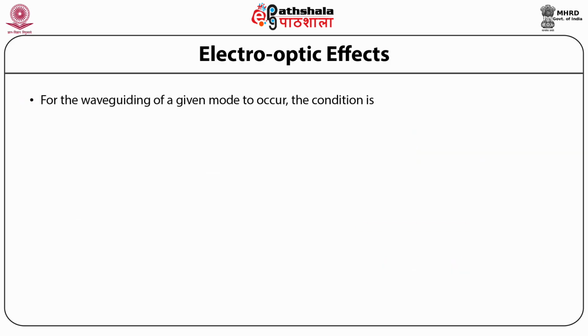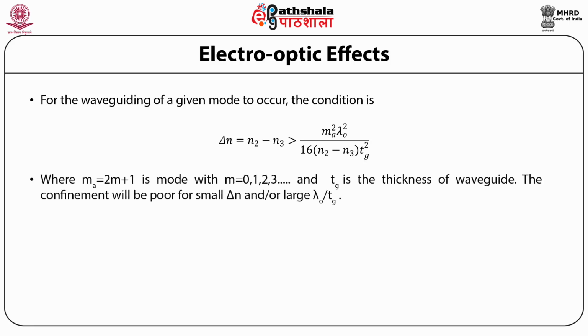So for the waveguiding of a given mode to occur, the condition is delta n equal to n_2 minus n_3 greater than M_a² λ_0² divided by 16 (n_2 minus n_3) T_g², where M_a equal to 2m plus 1 is the mode, with m equal to 0, 1, 2, 3, and so on.